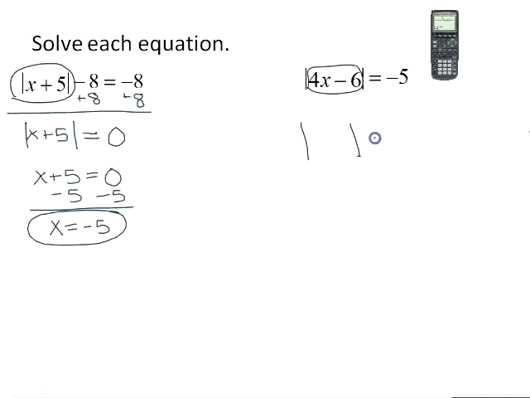Anytime you take the absolute value of something, your result is going to be non-negative. It is never going to be negative. So anytime you have the absolute value of something equal to a negative number, this is going to have no solutions.